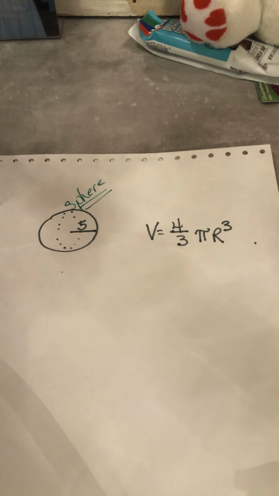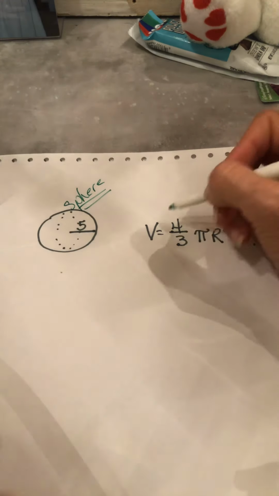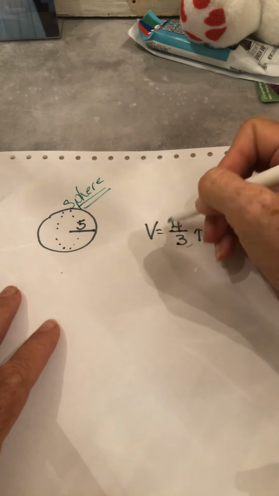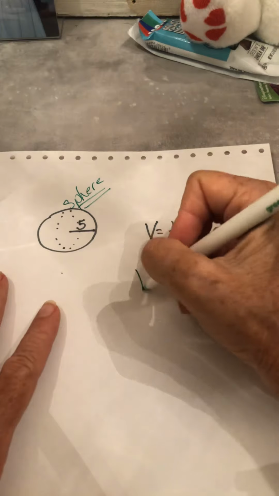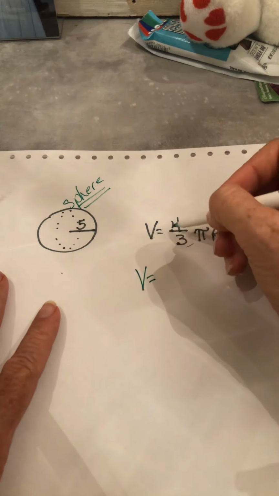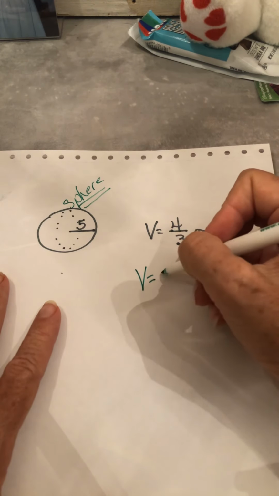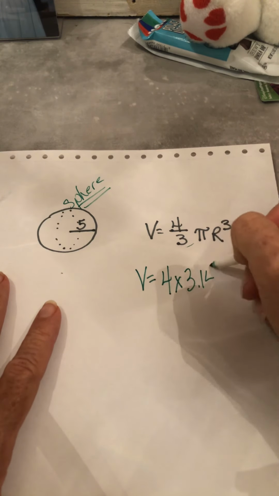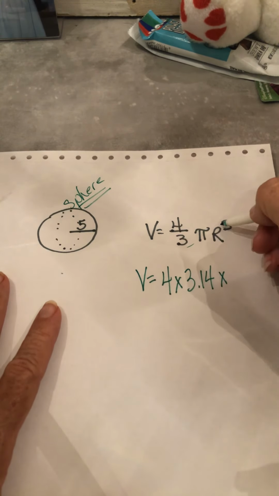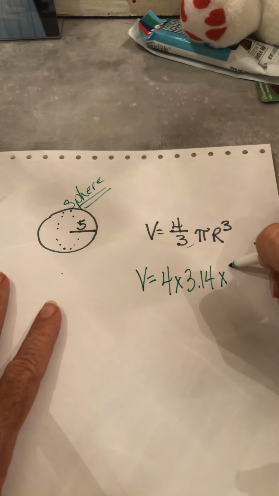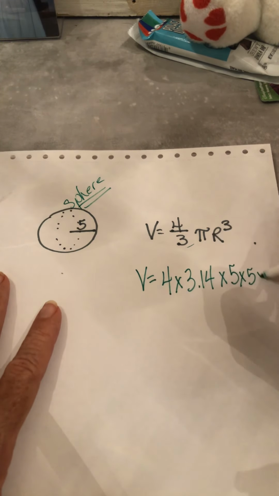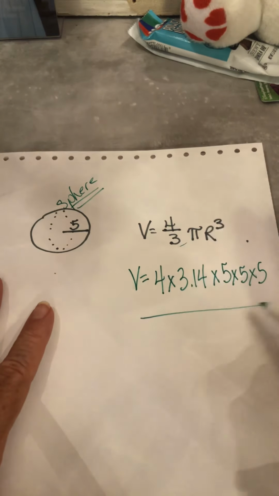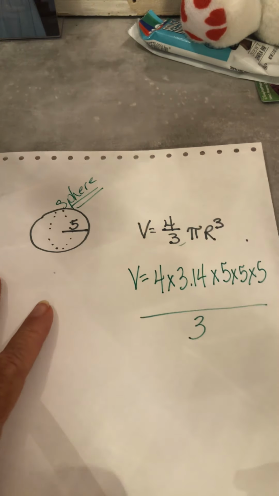Okay, so when we did this before, I told you you could type in your calculator 4/3, write it as a fraction. Or what I think is a little bit easier way is to do it this way. Volume equals 4 times, pi is 3.14, times radius, and I have to do it 3 times, 5 times 5 times 5. When I get the answer to that, then I divide by 3.